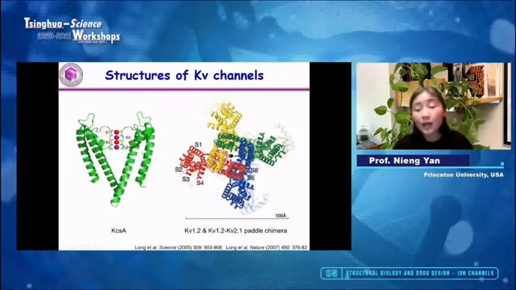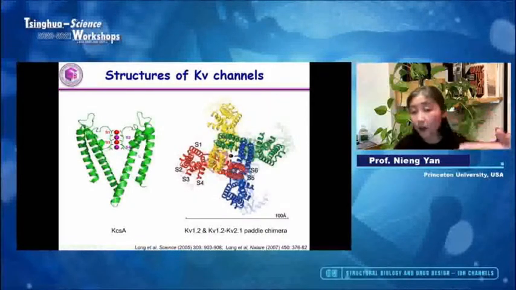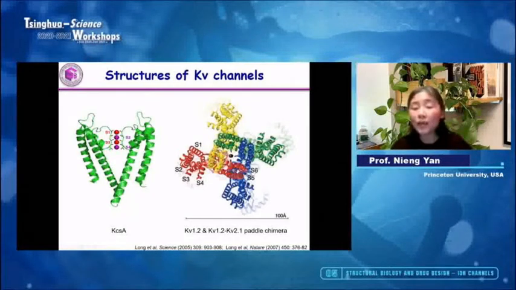Shown on the left is his Nobel-winning structure, actually, but it is only half of the pore domain. This is the side view. And on the right is the top view, or extracellular view, of the voltage-gated potassium channel. As you can see, four voltage sensors surround a central pore domain.